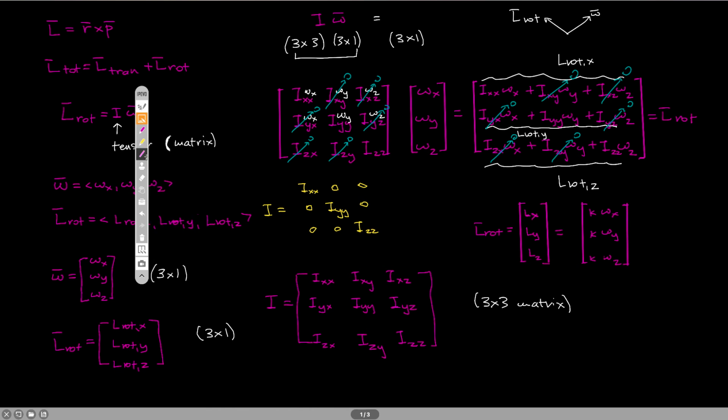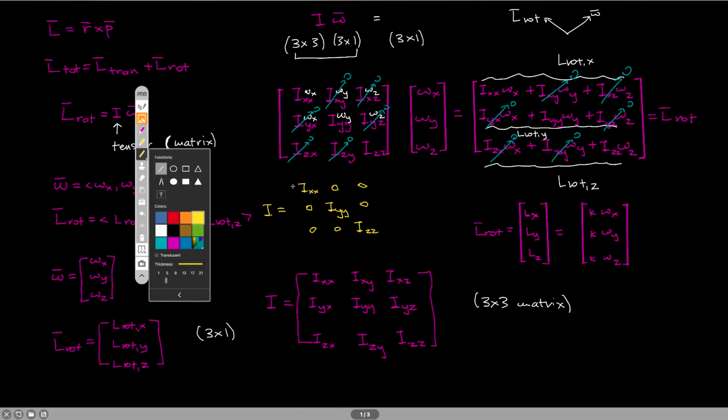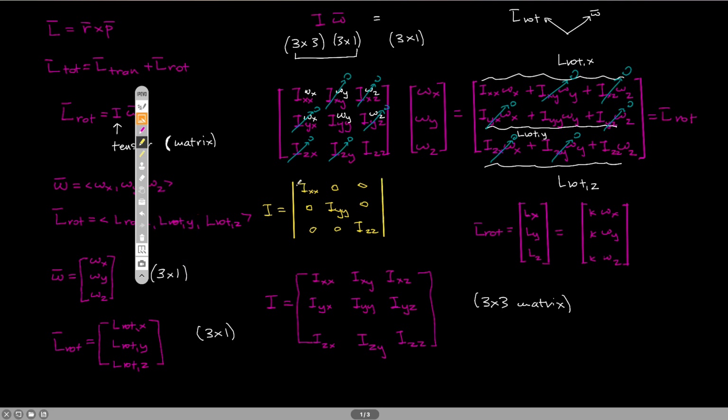If you choose your three axes to be the ones that you need, then it is possible to find three axes, I mean x, y, z, that will give you a moment of inertia tensor that is diagonal.